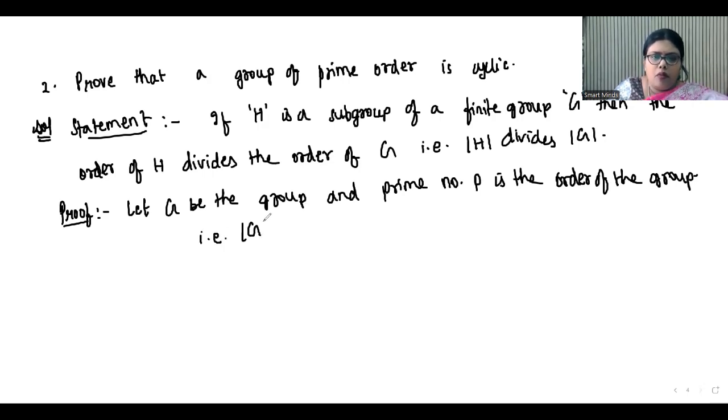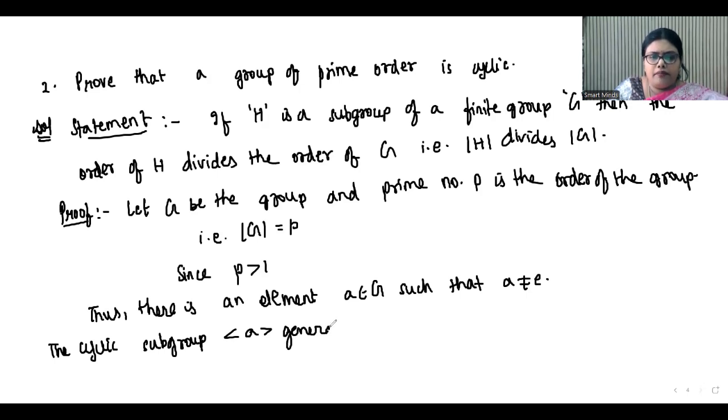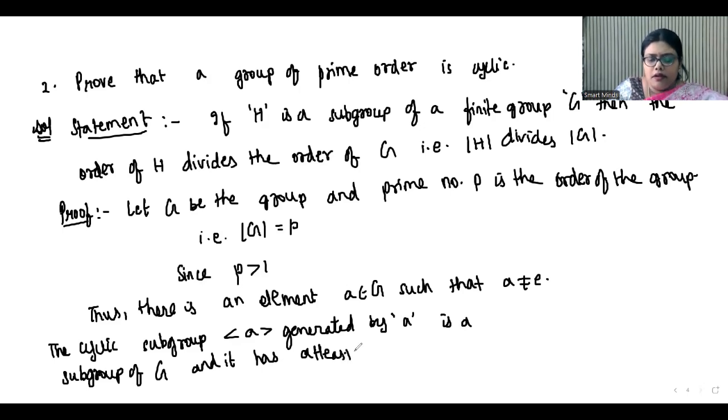That is, mod G is equal to P. Since P is greater than 1, thus there is an element A belongs to G such that A not equal to E. The cyclic subgroup, which we denote by this, generated by A is a subgroup of G. And it has at least 2 elements, A and E.